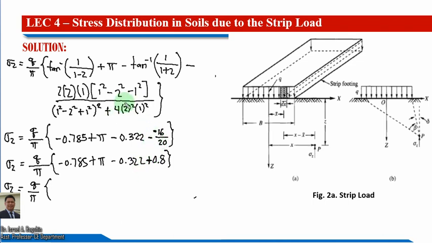The result of this is negative 16 over 20, and since this is negative, it becomes positive. So proceeding with this one, the sum of minus 0.785 plus pi, plus negative 0.322 plus 0.8, is just equal to 2.8346.